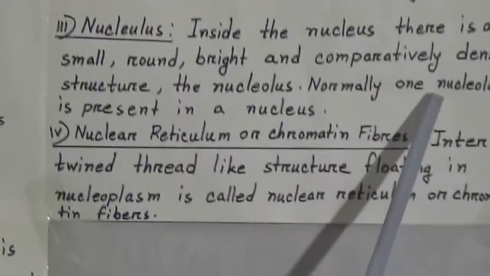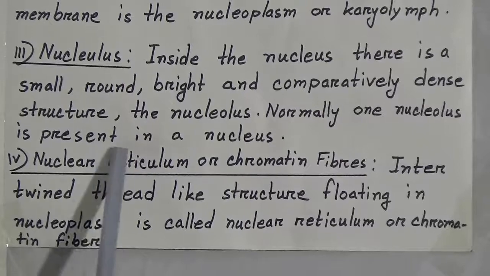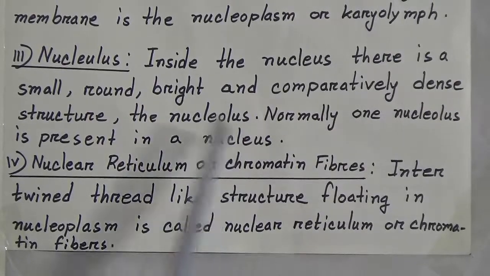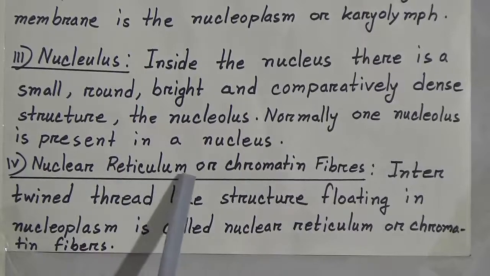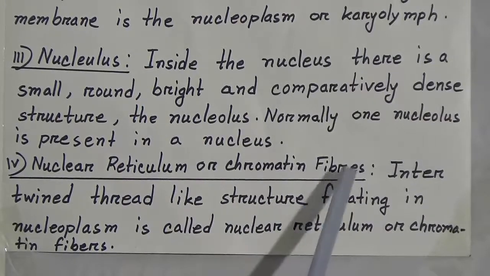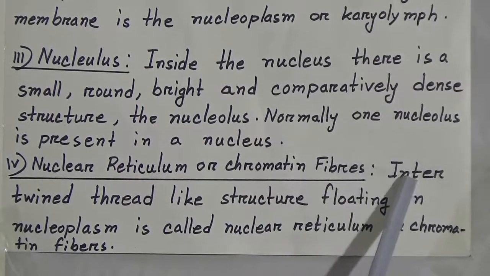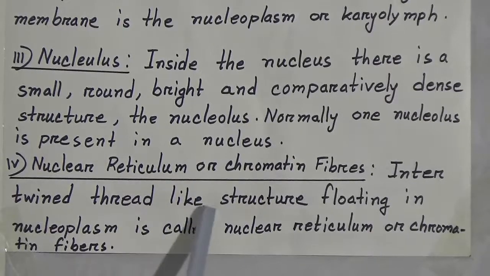Normally, one nucleolus is present in a nucleus. Last point is nuclear reticulum or chromatin fiber. Intertwined thread-like structure floating in nucleoplasm is called nuclear reticulum or chromatin fibers.